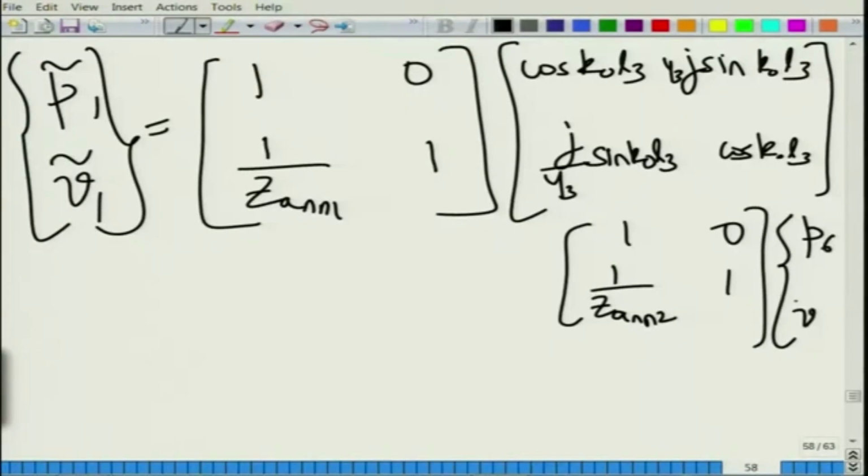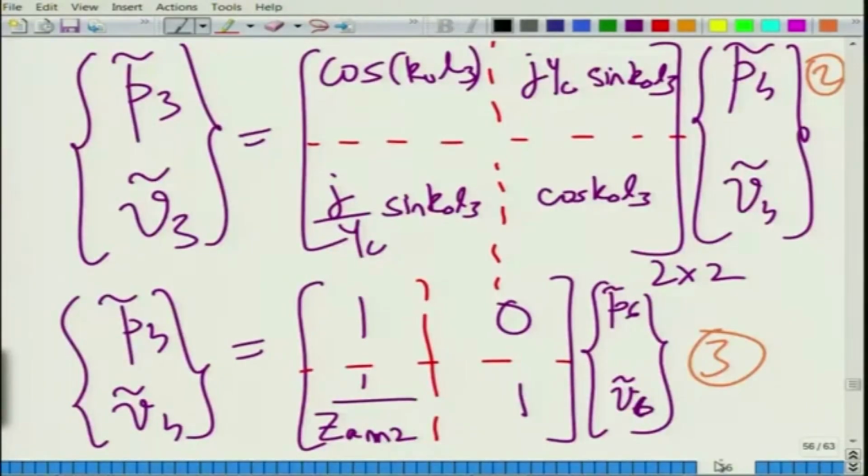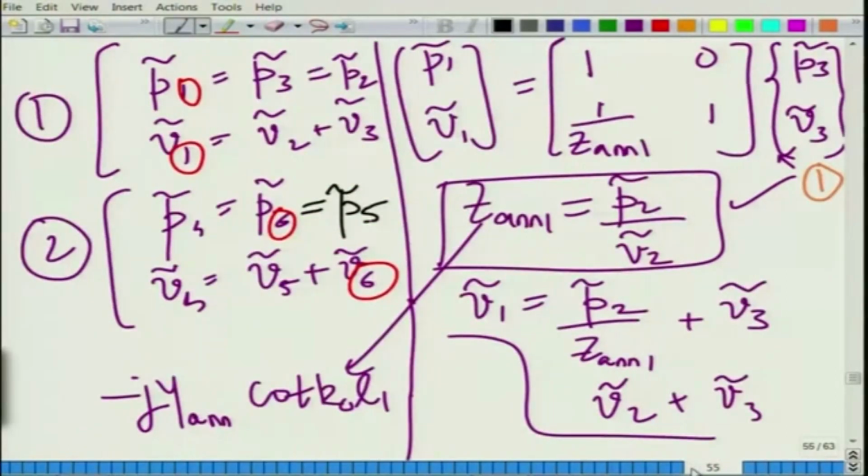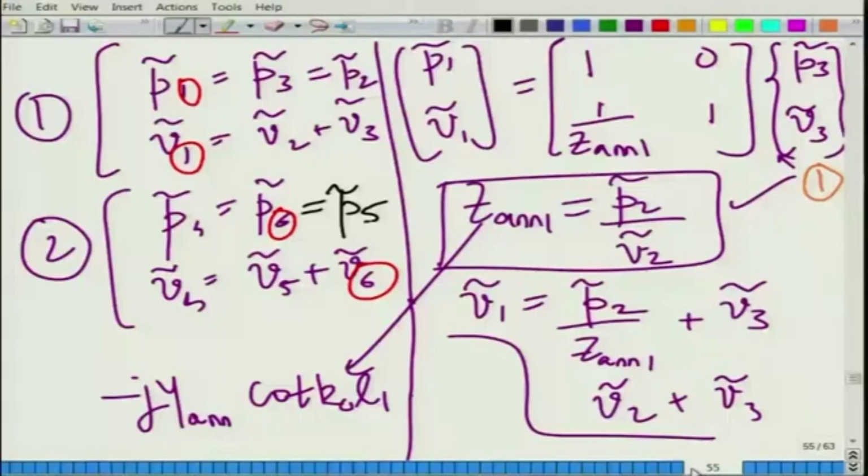Why could we do all the algebra that we are trying to do here? Because unidirectional propagation of the acoustic wave allows you to relate the upstream variables with the downstream. We are very cleverly eliminating variables: these are systems of linear equations, with 6 unknowns P 1 to P 6, V 1 to V 6, and only 4 variables. So we can express 4 of them in terms of the remaining 2.